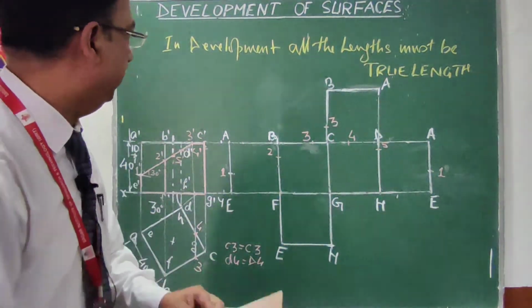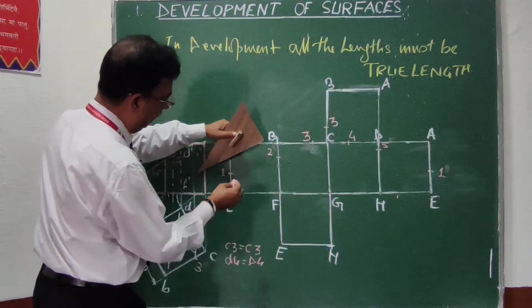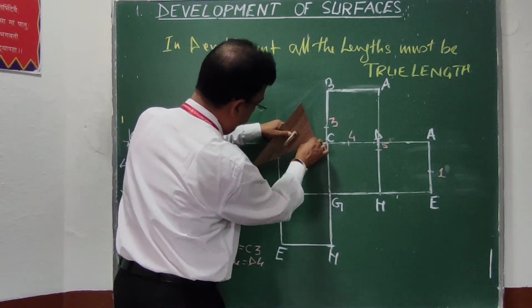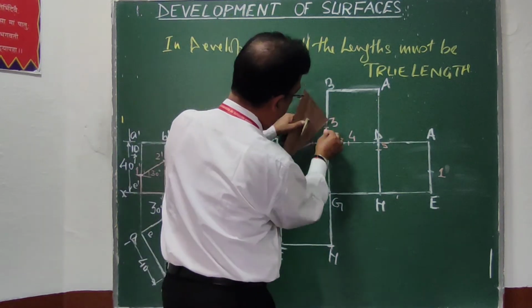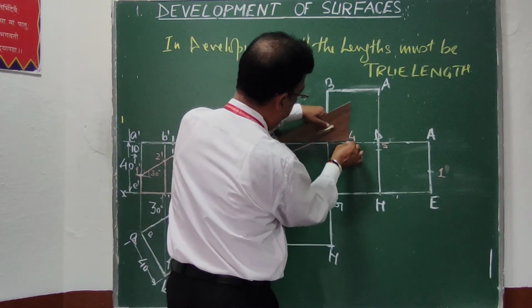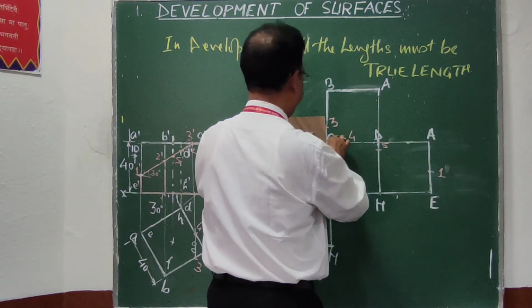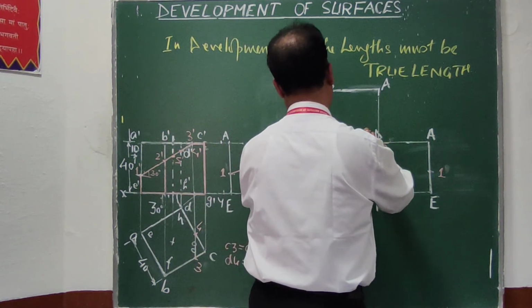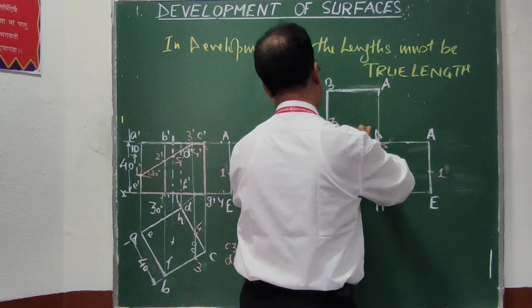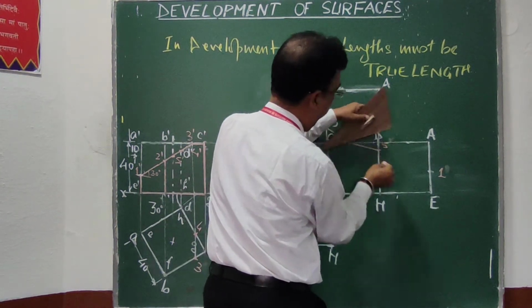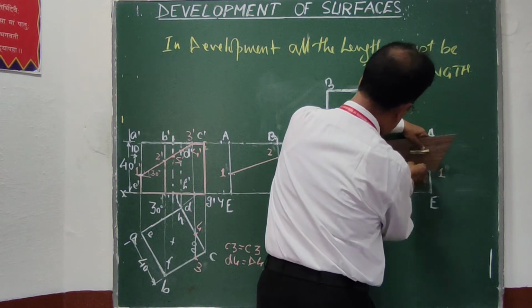with my figure. Now, if I join these points 1 to 2, then with the help of a straight line 2 to 3, then 3 to 4, then 4 to 5 and 5 to 1.